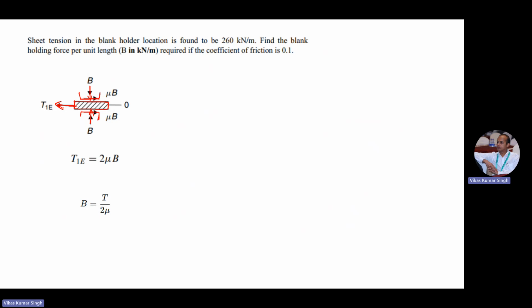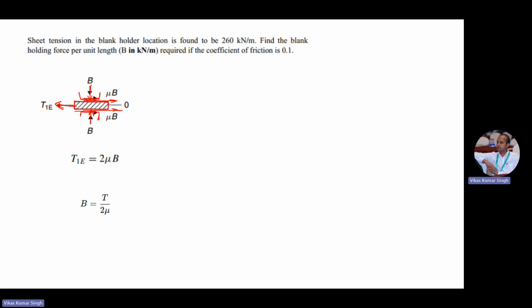Because of the surface contact, we have a frictional force. Friction is always opposite to the sliding motion. Sliding is in this direction, so friction will be in this direction. One friction will come on this surface and another on this surface.